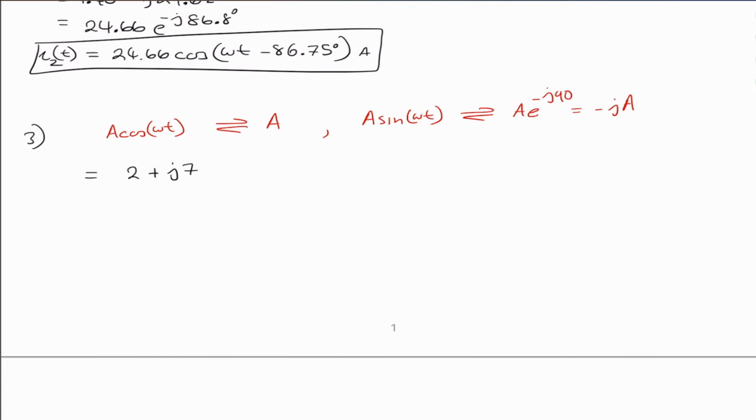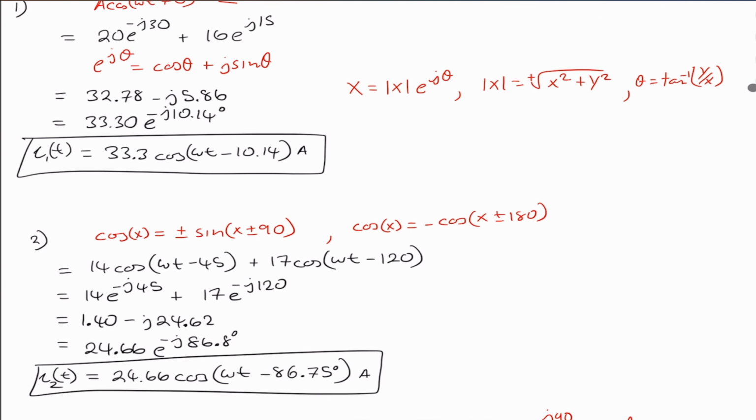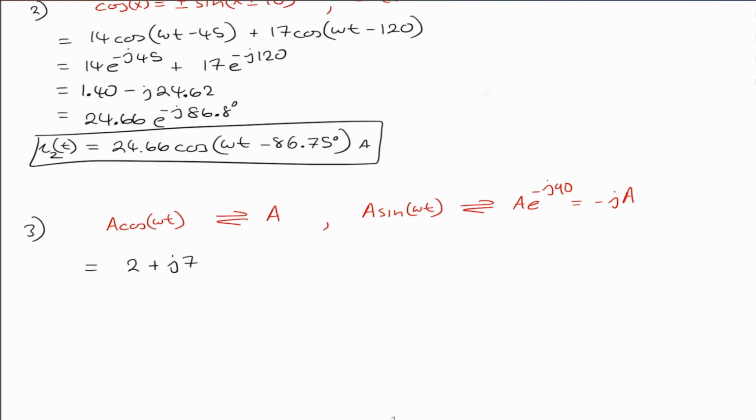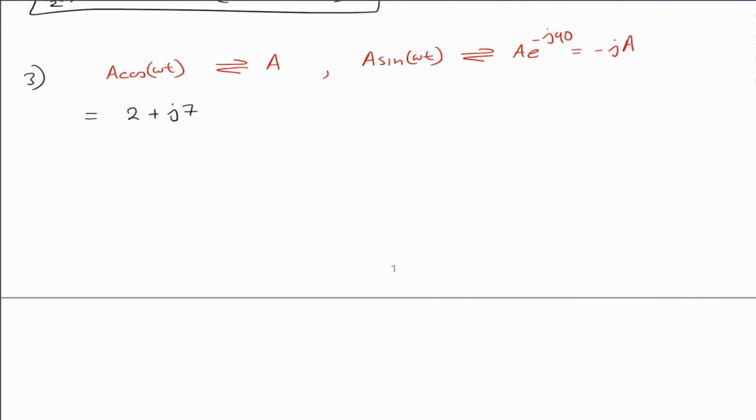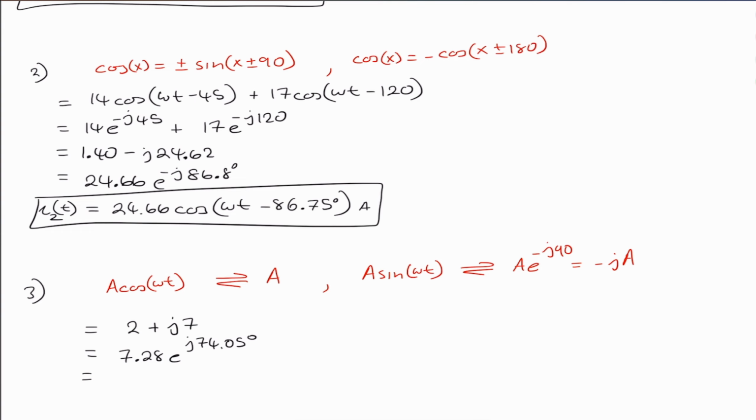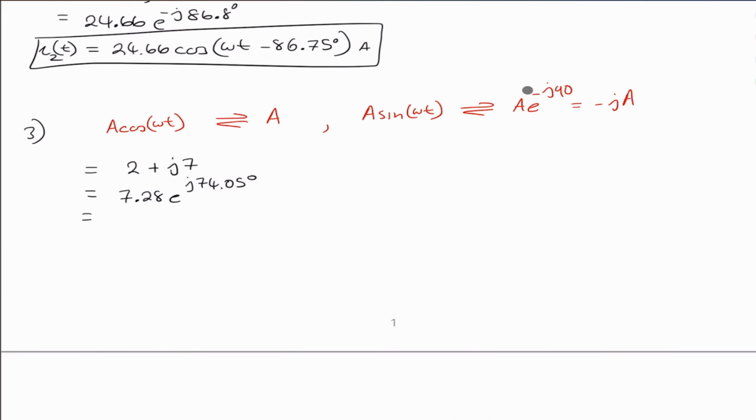So here we're in rectangular form. We apply our same complex algebra properties, so we can then go to the polar form. In polar form, our magnitude is 7.28 e to the j74.05 degrees. Polar form is still the phasor, we're still in the phasor domain, so we can go from polar form to the time domain.